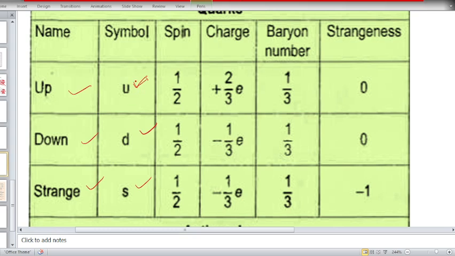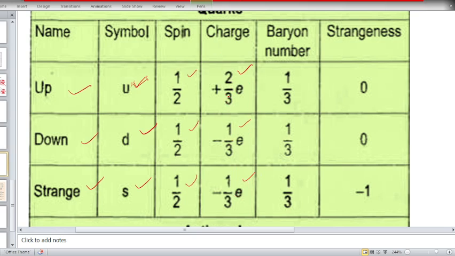That is the postulate. Then the corresponding spin value of each quark you can see here is half, half, half, which means the quarks are Fermi particles or fermions, having half integral spin. And the charge of the up quark is 2 by 3 e, and the charge of the down and strange quarks is minus 1 by 3 e.